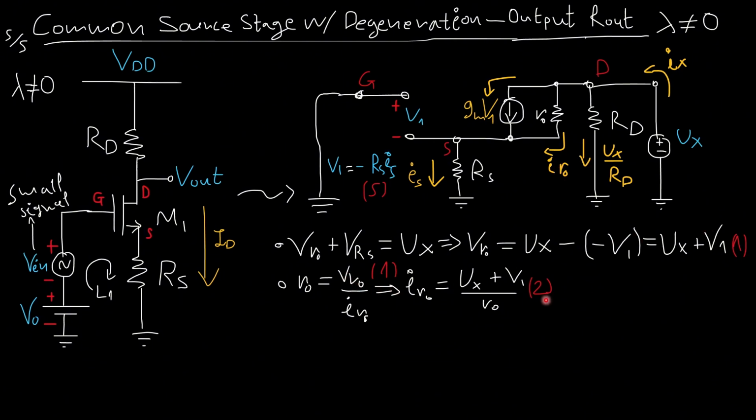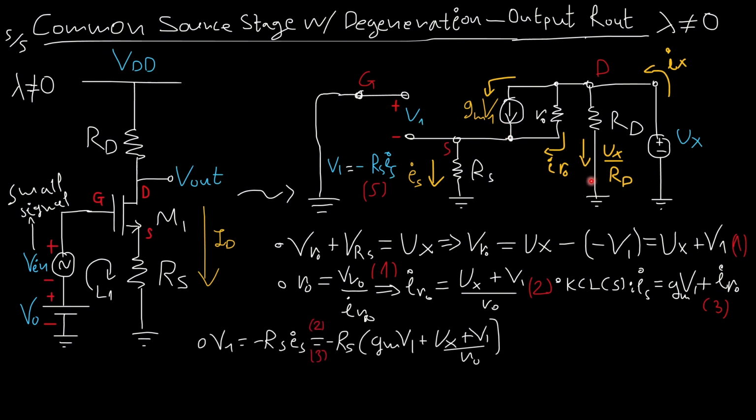We found previously, Vx plus V1 over RO. How much is the current here that flows outside of the source? I take the KCL here, and I'll say that the current is equal to gmV1 plus IRO. Now I know that V1 is equal to minus Rs times Is.